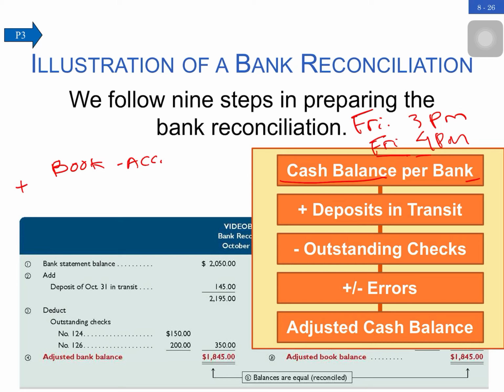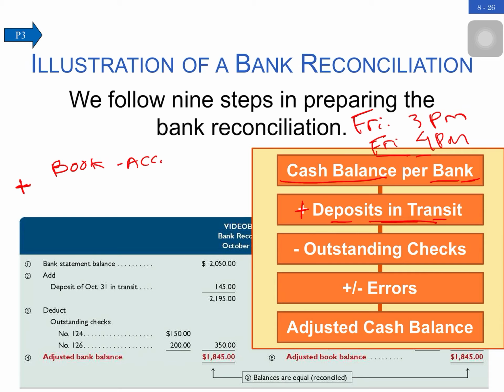So you manually record cash on the debit side, but your bank has not recorded it yet, because the bank has not received the money. The bank will receive it on Monday or Tuesday next week. So you have to manually record plus deposit in transit. The money is still in transit, right?